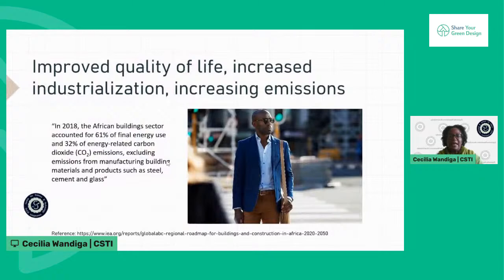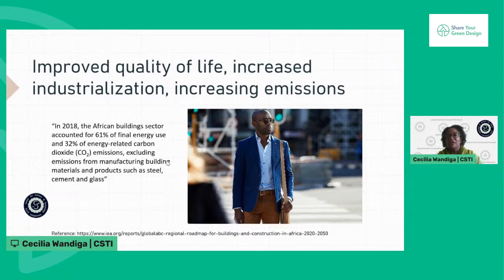So looking at the actual numbers, yes, there is an increase in emissions, and we can see here in the data, which is pretty high, about 61% of final energy use and 32% of carbon dioxide emissions related to the construction sector in the African building sector.